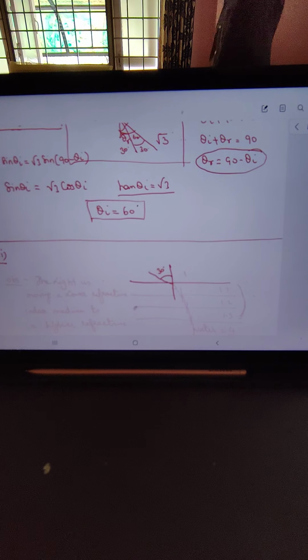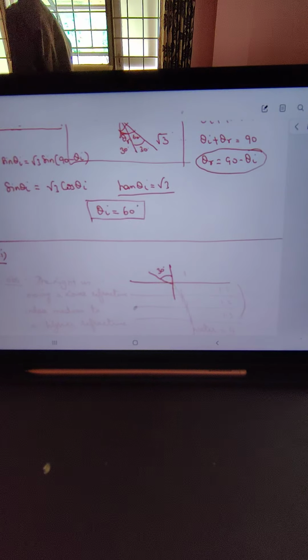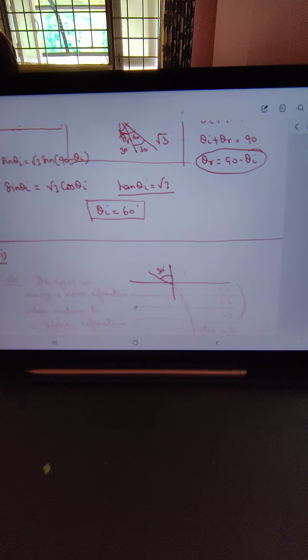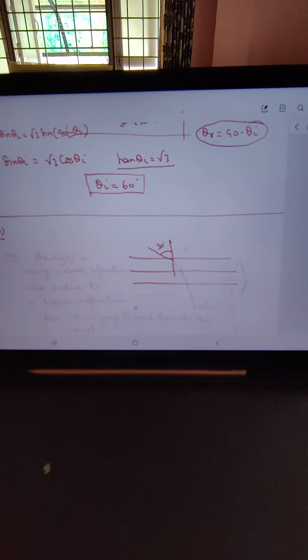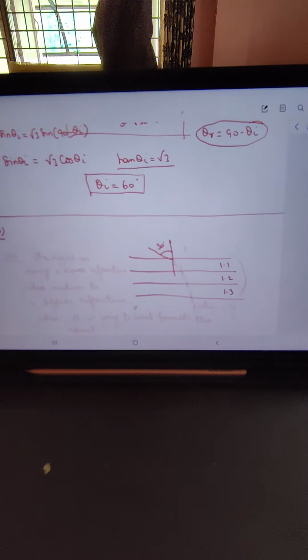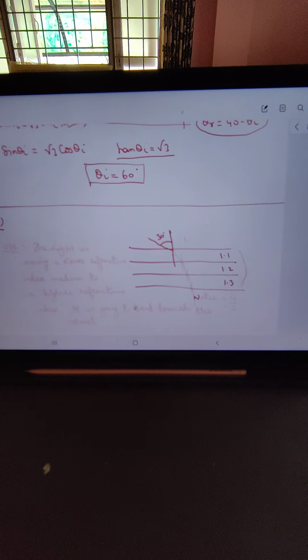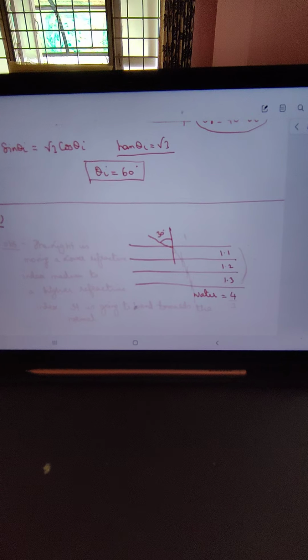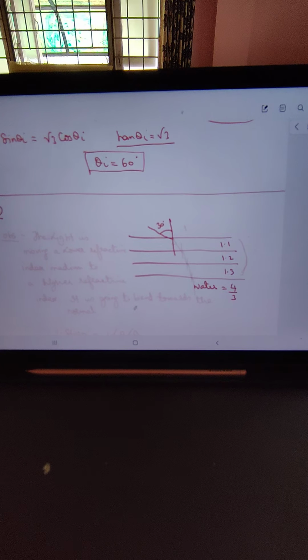After moving through three different liquids of different refractive indices, and the refractive indices of these liquids are going to be 1.1, 1.2 and 1.3. And after that it enters water. The refractive index of water is generally taken to be 4/3 or 1.33.